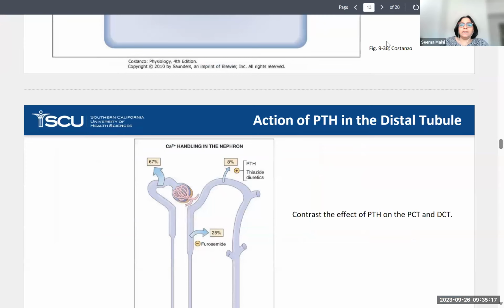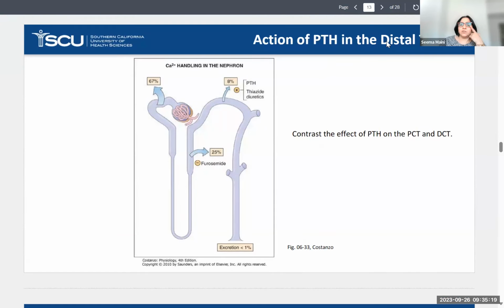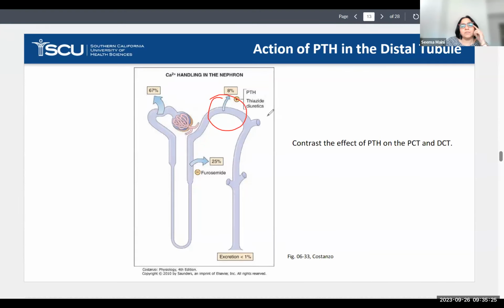All right. And then if you look at the action of PTH on the distal convoluted tubule, this is about calcium ions. Normally, 67% of calcium ions are reabsorbed in the proximal convoluted tubule, unregulated. That means it is not under the influence of vitamin D or parathyroid hormone.